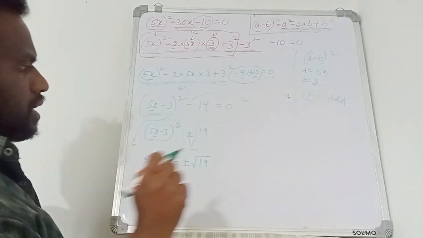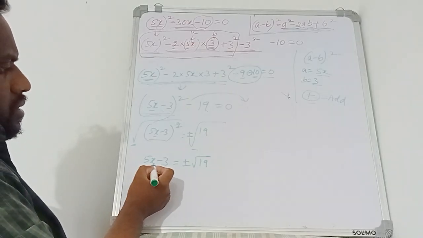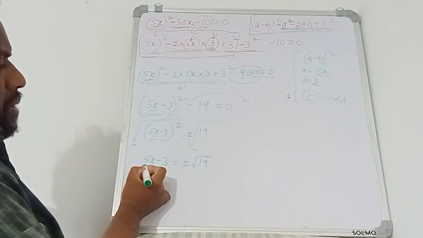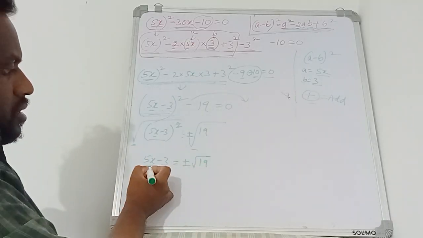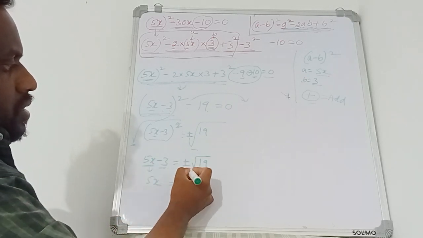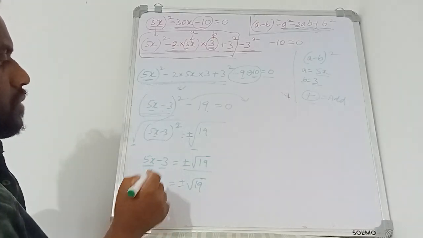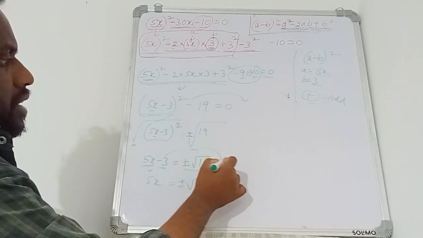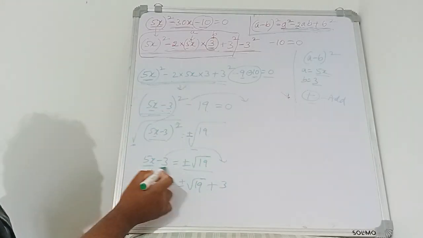Okay. Next step is what? We want x. So keep the x term 5x here only. Send this minus 3 to that side. Write 5x as it is, equal to plus or minus root 19. When minus 3 is sent to this side, it will become plus 3.